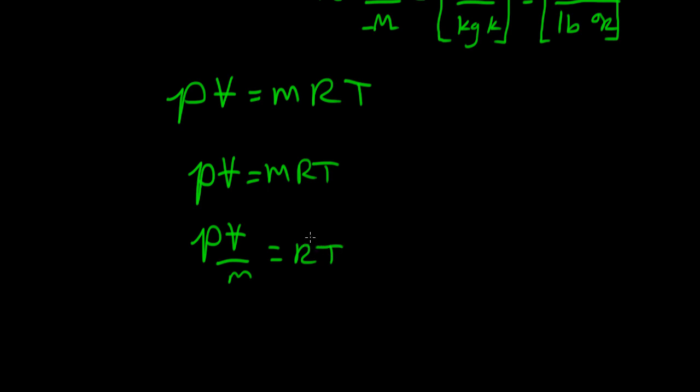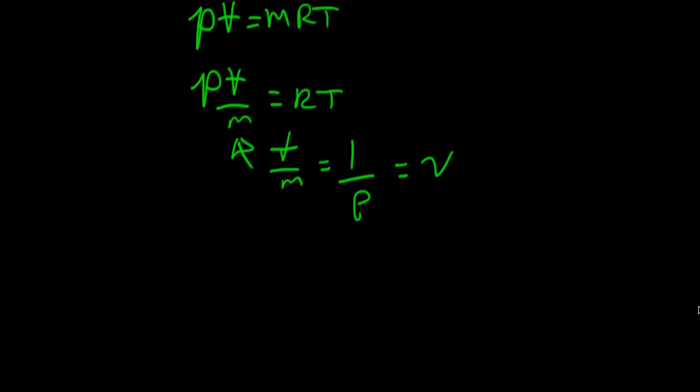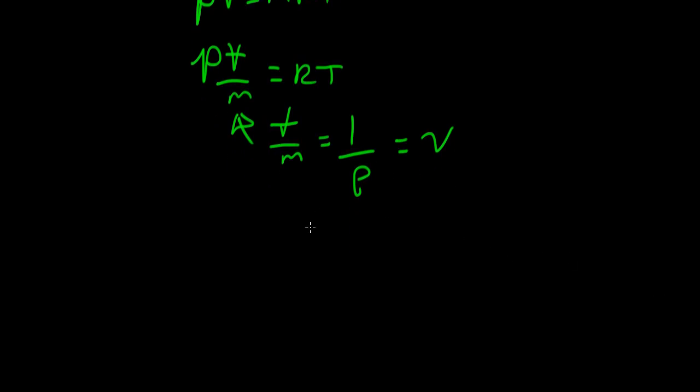We recognize that volume divided by mass is a reciprocal of density, which is the specific volume. This leads us to the final form of the ideal gas equation of state. Pressure times specific volume is equal to the specific gas constant times temperature.